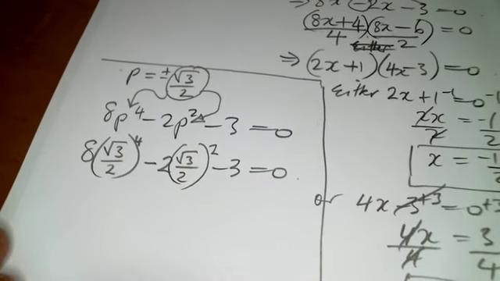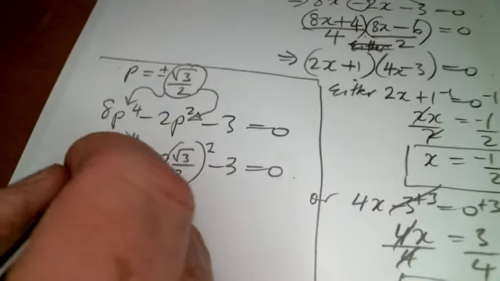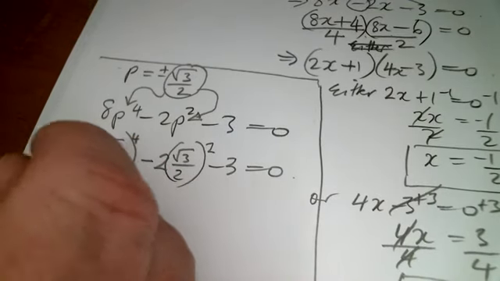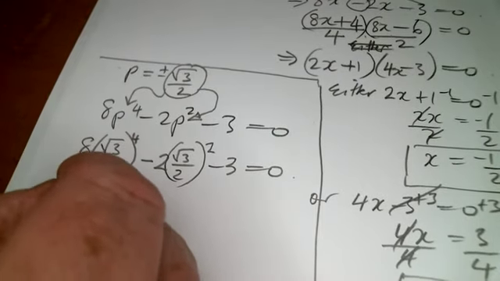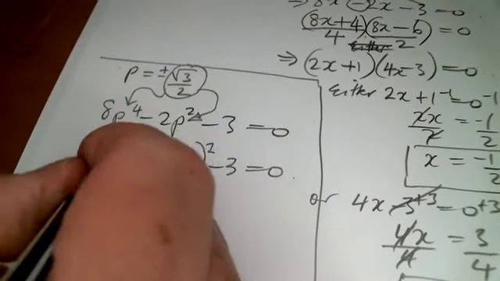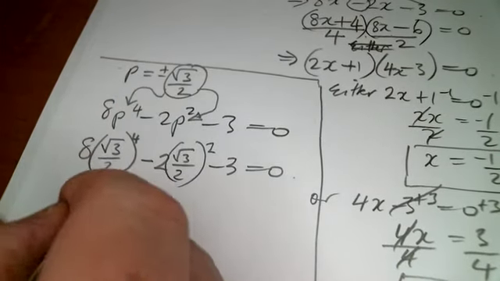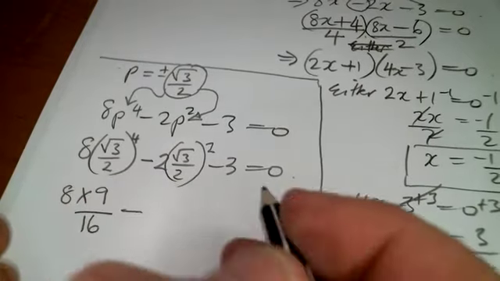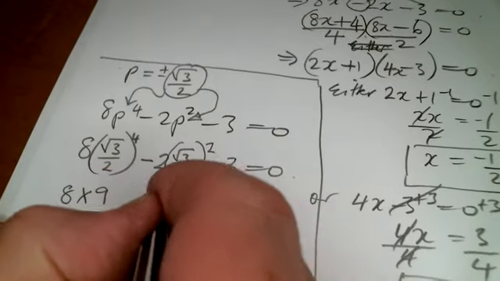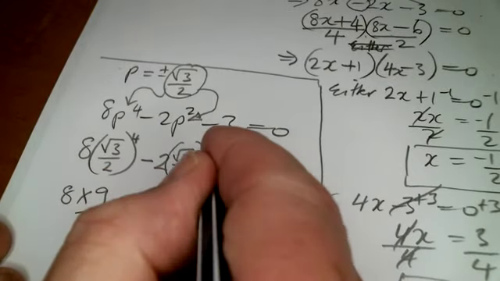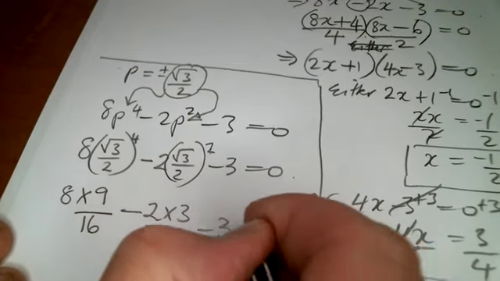Root 3 squared is 3, and 3 times 3 is 9. So this is going to be 8 times 9 over 2 to the power of 4, which is 16. Minus, and I've got the same thing over here. Root 3 squared is 3, so it's 2 times 3 over 2 squared, which is 4. Again, all minus 3 is equal to 0.